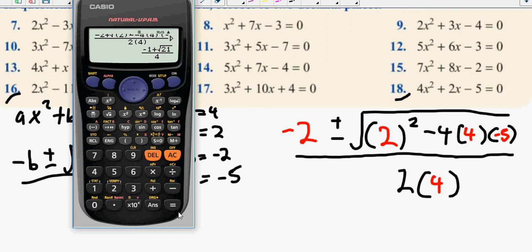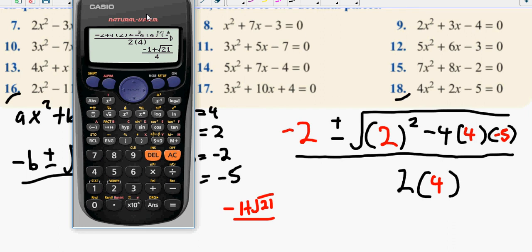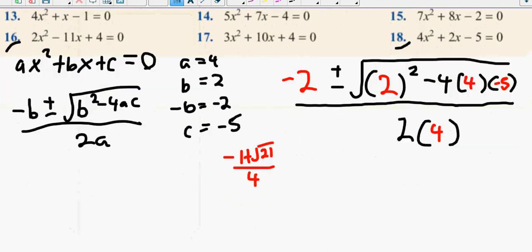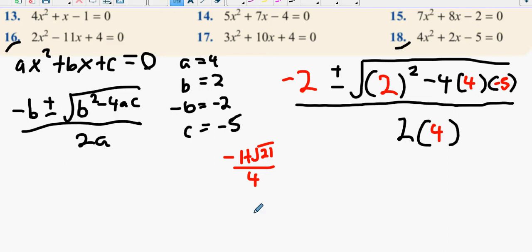The first answer is minus 1 plus root 21. Remember I told you that you're always putting down this part before you change it. And then you press change and it's 0.90. Is that correct? 0.89 rounds up to 0.90.